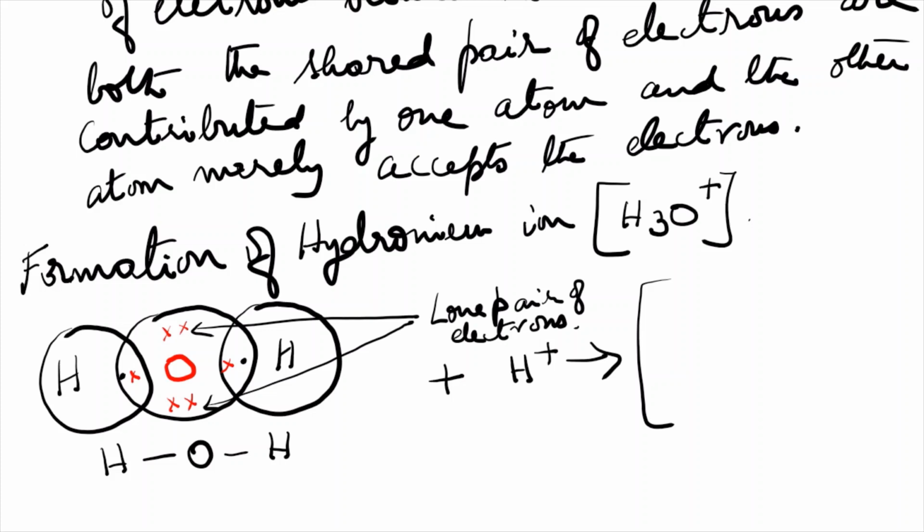Okay. So this is also a coordinate bond formation where the pair of shared electrons are contributed entirely by one atom and the other atom or the ion just accepts the electrons and does not contribute any electron in the shared pair. Okay. So this leads to the formation of hydronium ion.